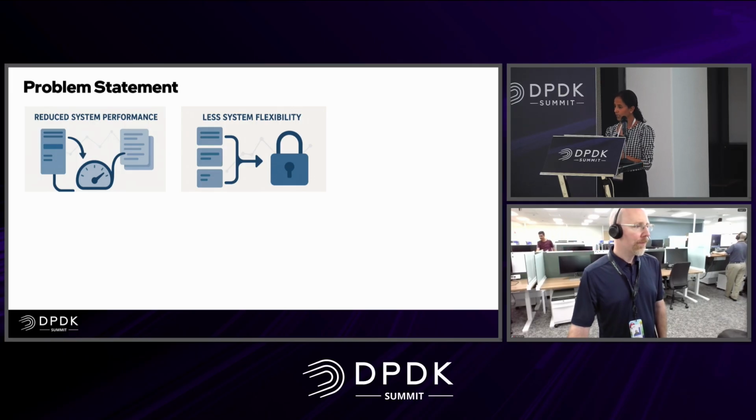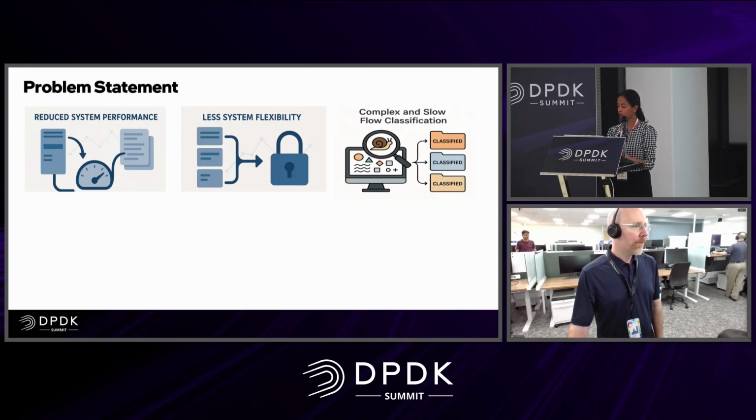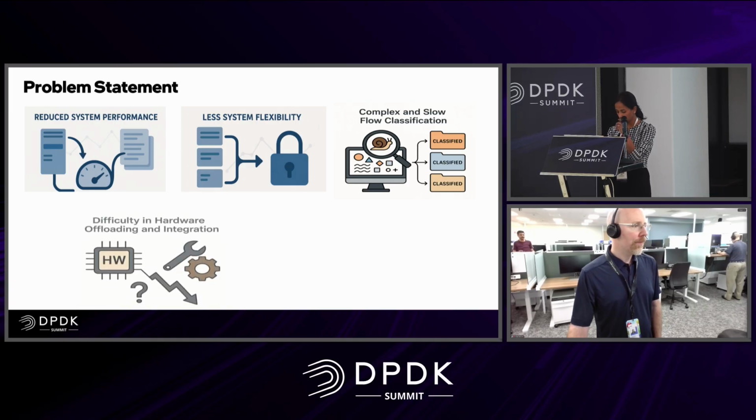If we don't have an efficient mechanism in place, it can be really slow and complex, and it is not flexible, so we won't be able to classify a larger number of packets or different types of packets. The next problem is complex and slow flow classification. As I was saying just now, if there is no proper flow classification mechanism, then the classification can be slow and complex.